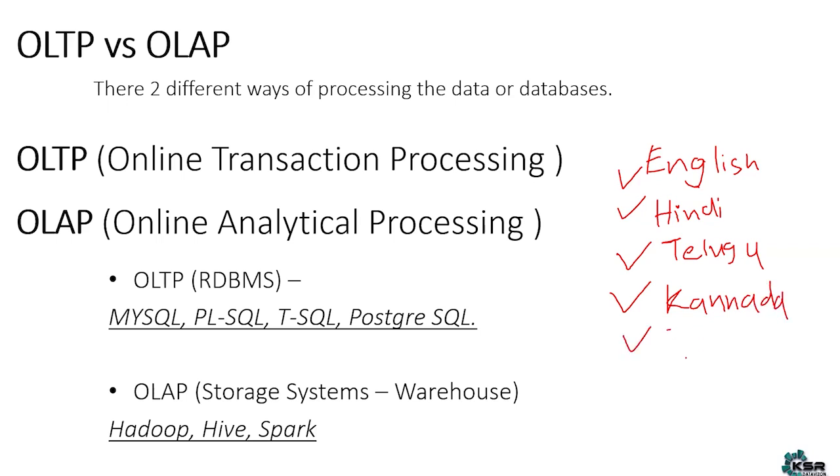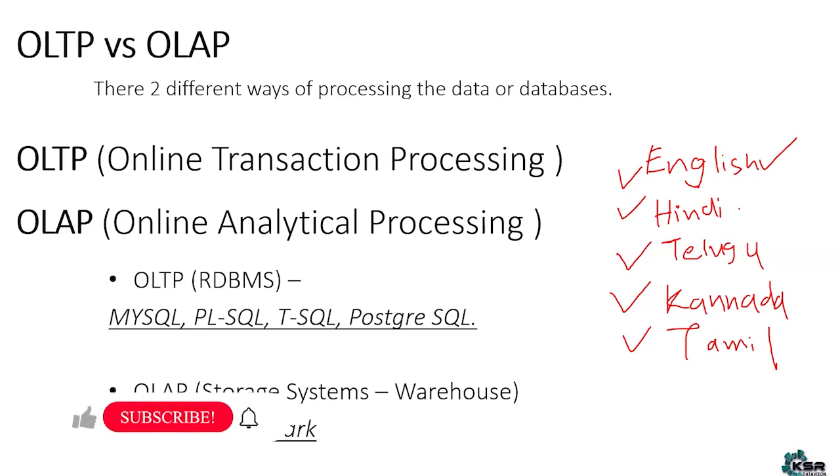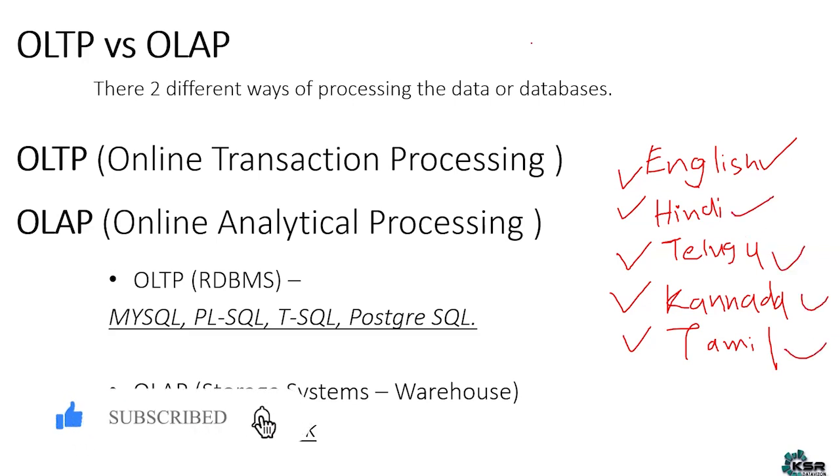Every language has its own significance. English is what? Your Gregorian or Greek script. Hindi is your Devanagari script. Telugu, Kannada, Tamil are all Dravidian languages.